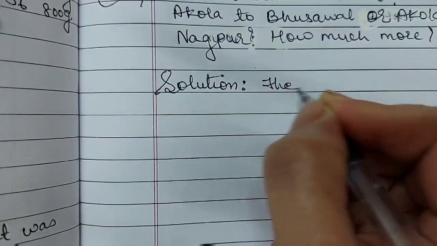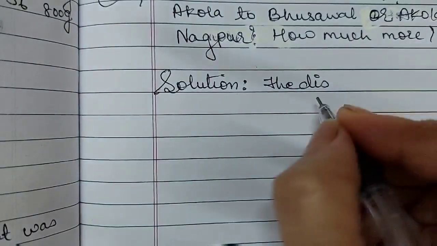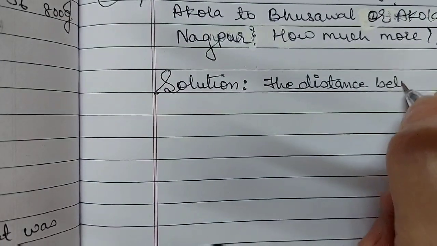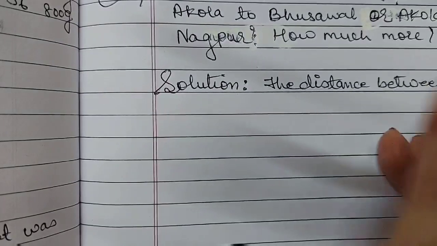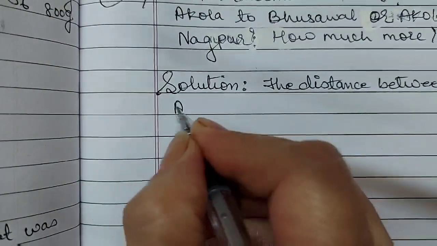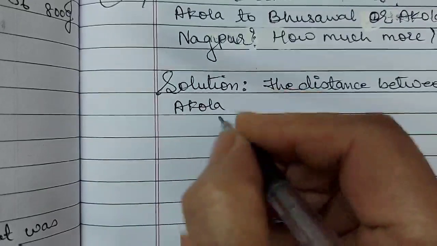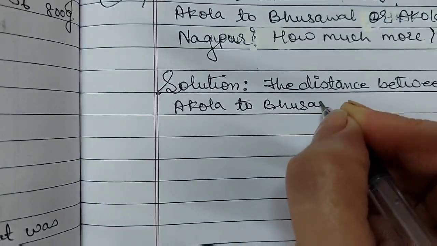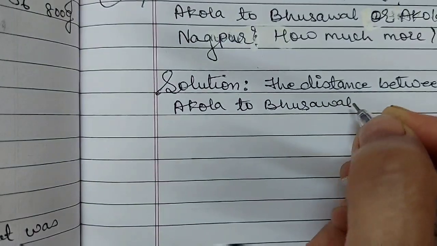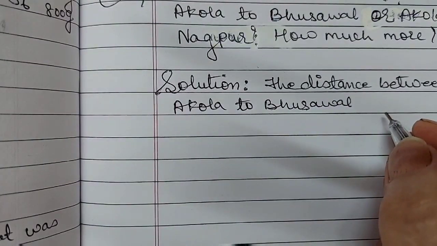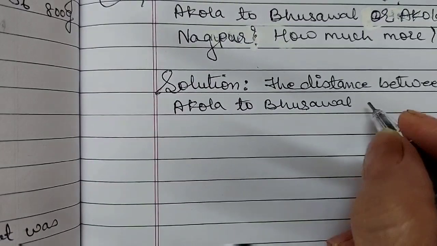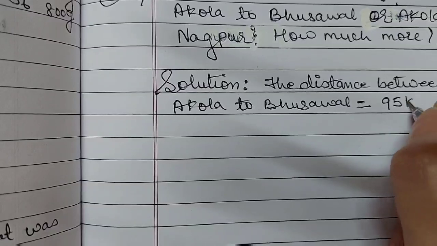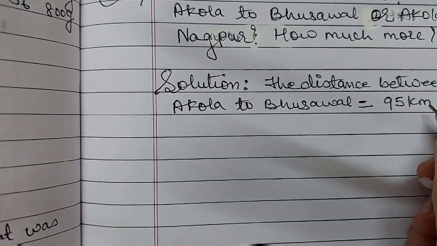The distance between, first thing, what we have to find out? Akola to Bhusawal is equal to 95 kilometers.